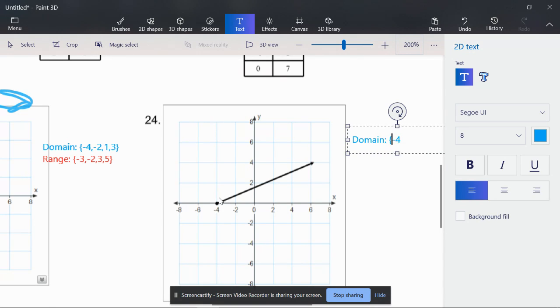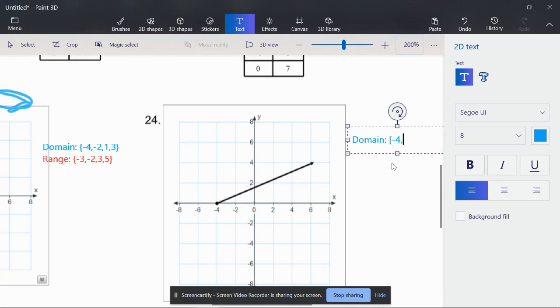And actually, we're not going to use curly brackets, we're going to use square brackets, because this is no longer a list. When you have your points connected like this, we're saying this isn't a list. It's a big range of values. These points are all connected. So we use a square bracket to show us that I'm including -4.